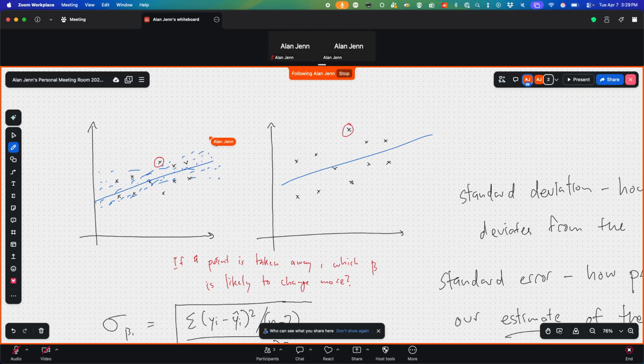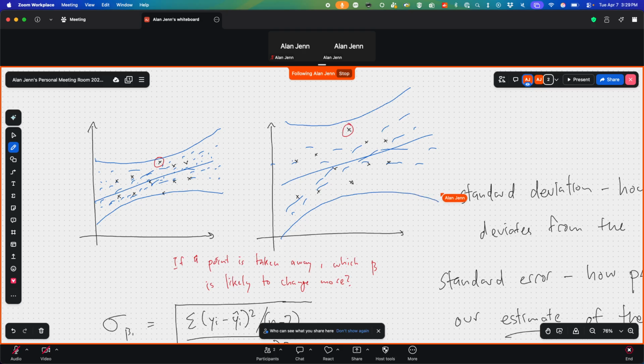I would say, okay, most of the time I think the line will be within these bounds, okay? Whereas that range might be wider for the points on the left, and you might say, oh, most of the time I would think that our line is contained within something like this.